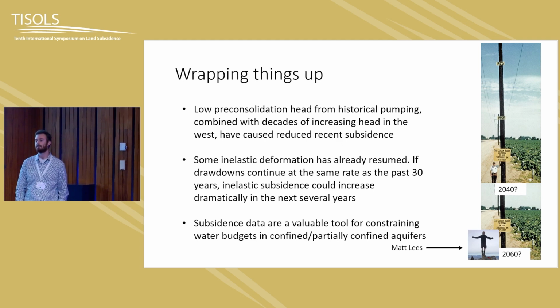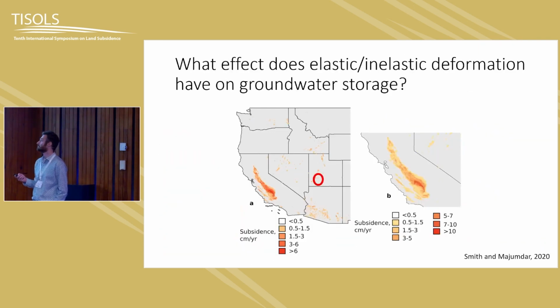I hope you're right, but I'm fearful that you're wrong, because something that occurred to me looking at your head data, and again during Michelle's talk, is that the head in this western area is jolly near where it got to back in the 60s and 70s. In fact, I think it's at its pre-consolidation head or thereabouts. Are you worried that the subsidence in the west might be about to accelerate if this doesn't change? If there's one more drought, it would be my guess.